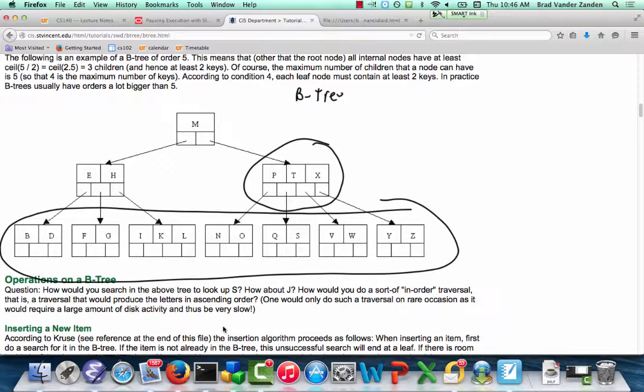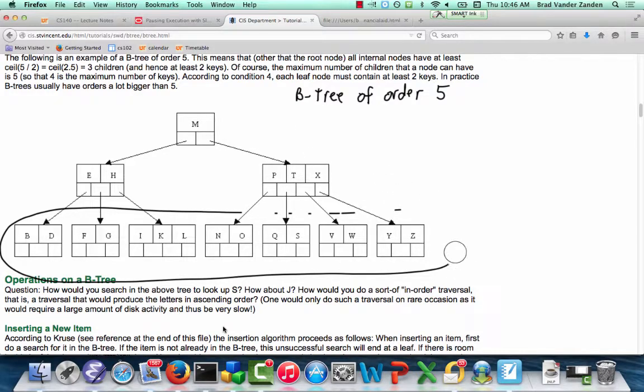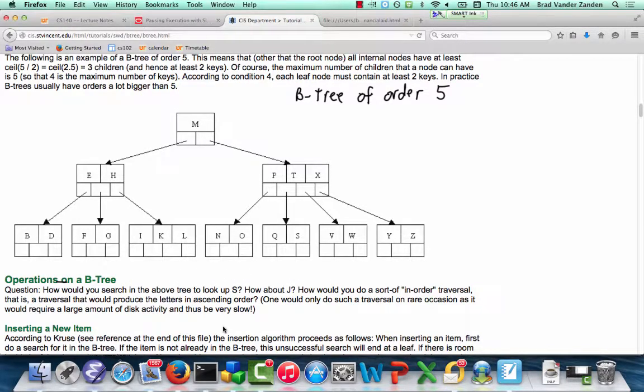You can see that every interior node, there's only 2 of them here, we have the root and then we have 2 interior nodes. This interior node has 3 children. This interior node has 4.